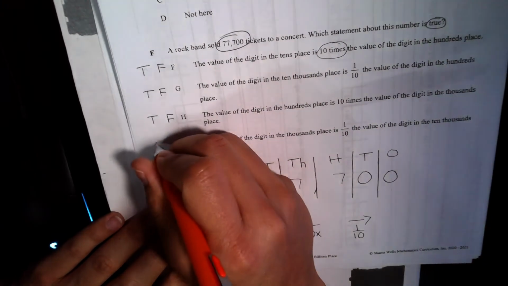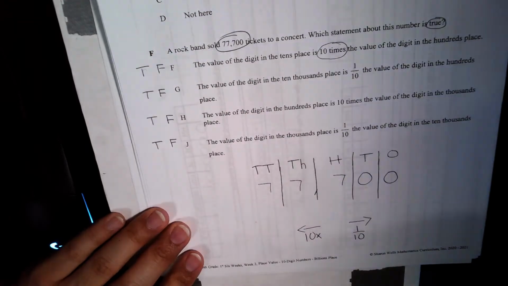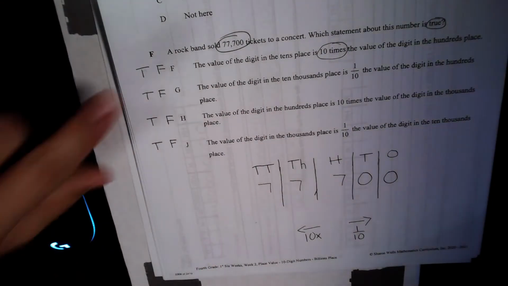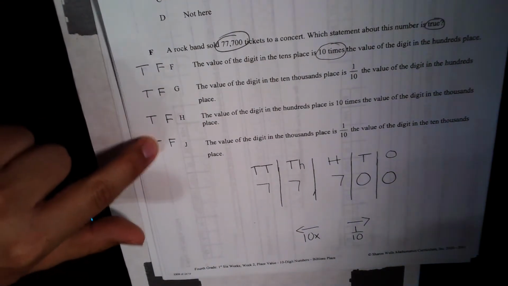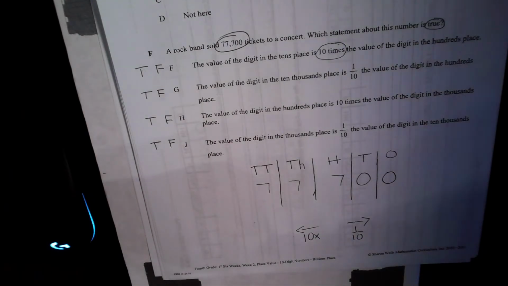True and false, true and false. The reason I do this is because sometimes they try to be really tricky and say which of these is not true, and then we forget about the not part and choose one that is true.